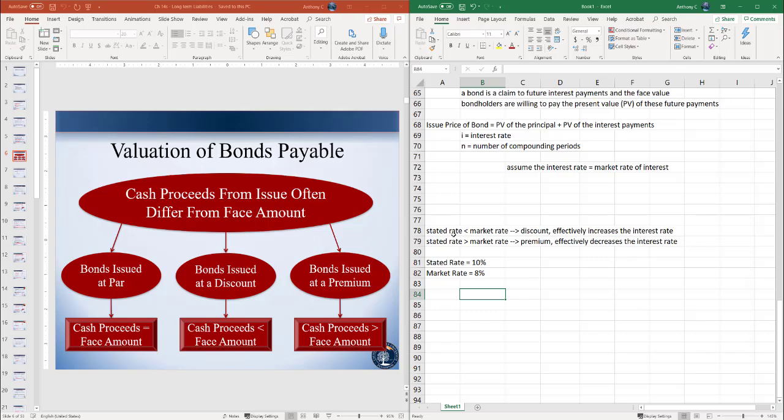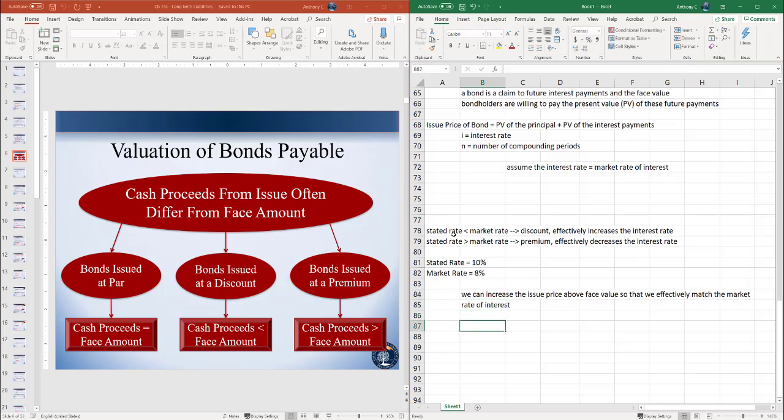So pretty much everyone's going to want to buy our bond. However, if we just issue this at a stated rate of 10%, we wouldn't end up maximizing the money we could get. So we can increase the issue price above face value so that we effectively match the market rate of interest.